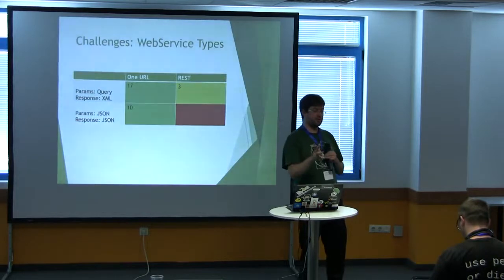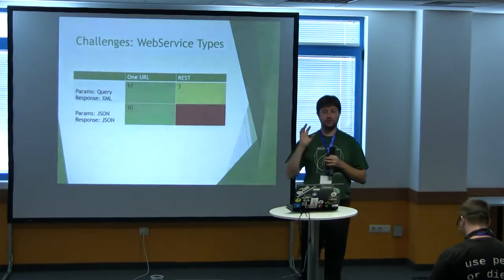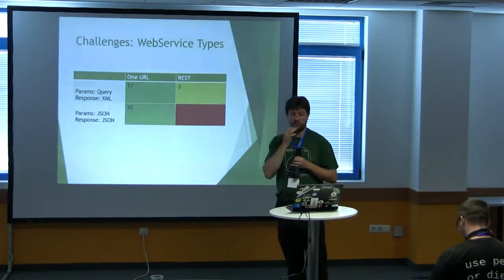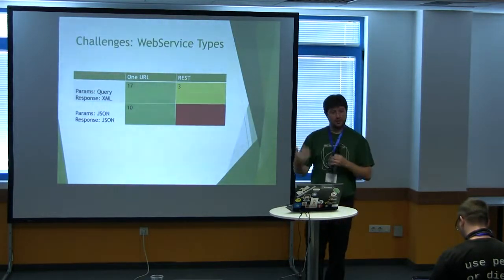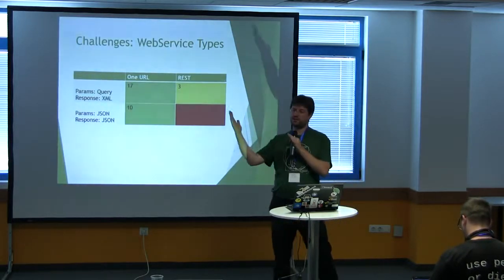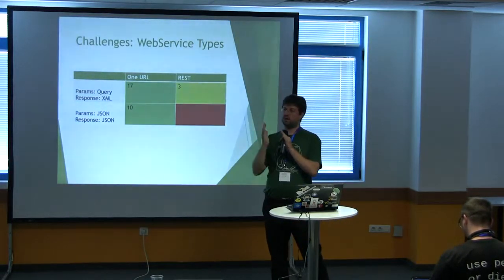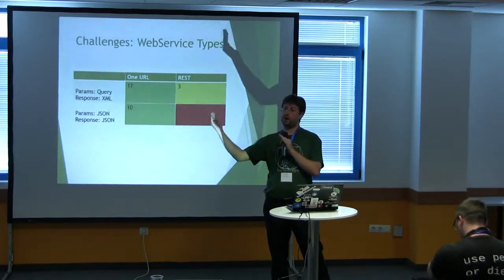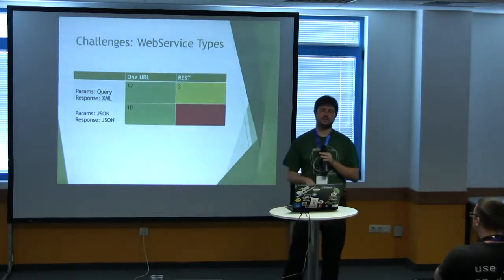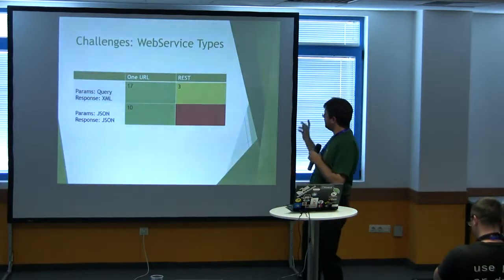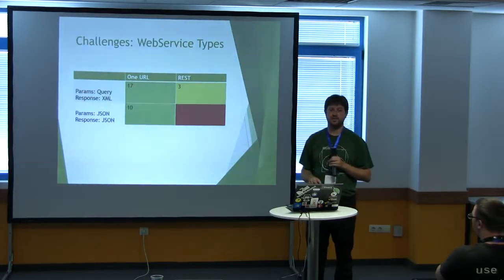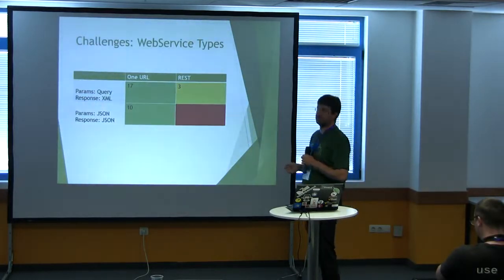And then there are 3 special services where you still send the parameters in the query. Your response is XML again, but for each object you have a URI that changes for the object. So you have to take that into account. The green, yellow, and red is the implementation status of each type of service.